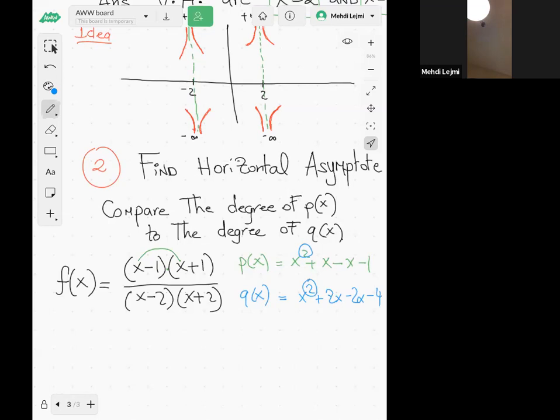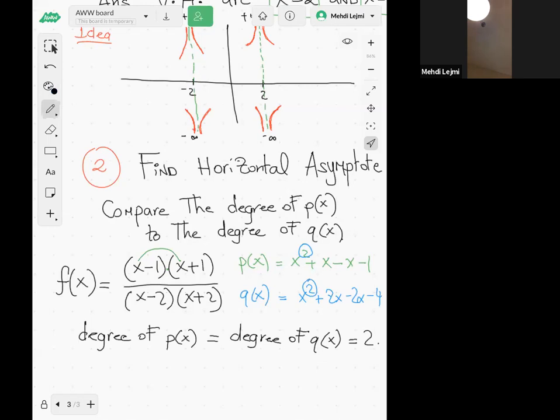So the degree of p is equal to the degree of q, which is equal to 2.